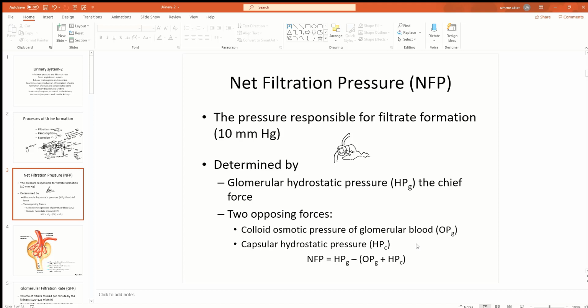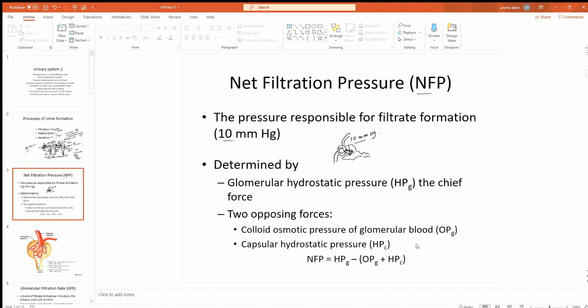That makes sense, right? So the fluid will be pushed from high to low pressure. So what is the pressure difference that causes filtration? 10 millimeter of mercury. Okay, so that causes the movement of the fluid from the glomerulus to the nephron. So that is the net filtration pressure, NFP, and that is 10 millimeter of mercury.